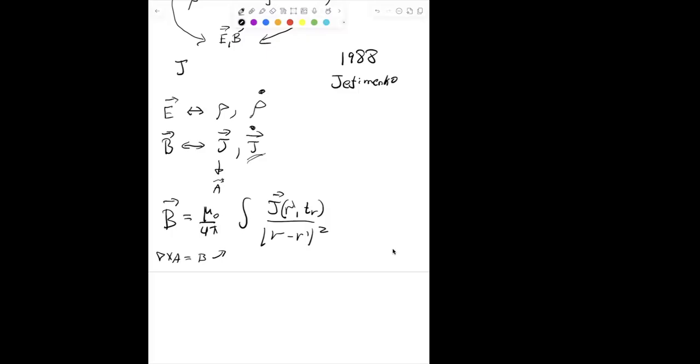And then there is an additional term when I take the derivative of t_r, again, using the curl, the math is not simple: J dot of r prime at t_r, over c times r minus r prime.